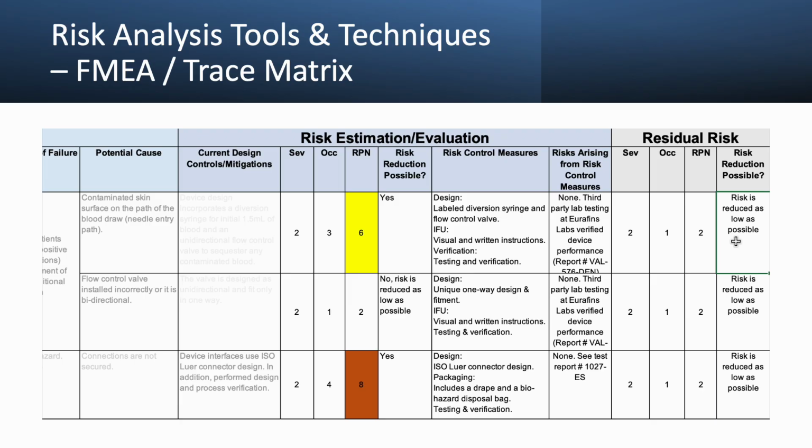Here is a word. Different standards over time, including 14971, use different language. There is a reason for that. There is an intention behind it, like as low as reasonably practicable. That's one way. And then as far as possible. That's another way. When I do this in my engineering design and evaluations, I use the words as low as possible.